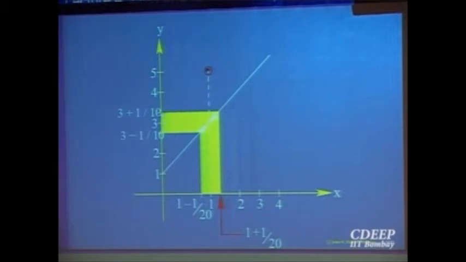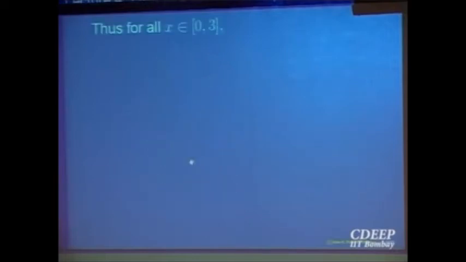So if you want to make this small, then you have to make the corresponding thing suitably small. Let me put it this way. It says that for all points x between 0 and 3, x not equal to 1, if the absolute value of x minus 1 is less than 1 by 20, then the absolute value of f(x) minus 3 is less than 1 by 10. That is the property that the value that we expect f to take, namely 3, has.